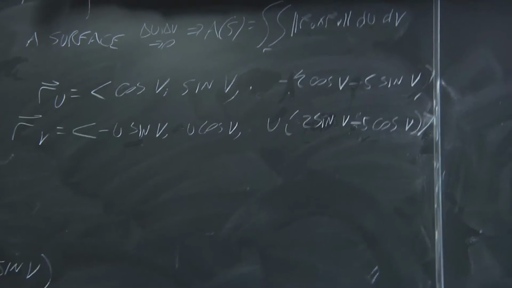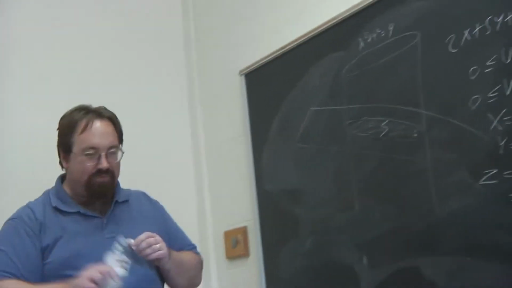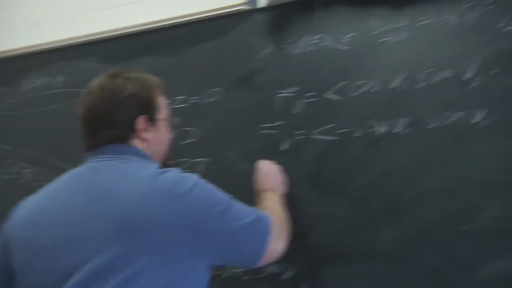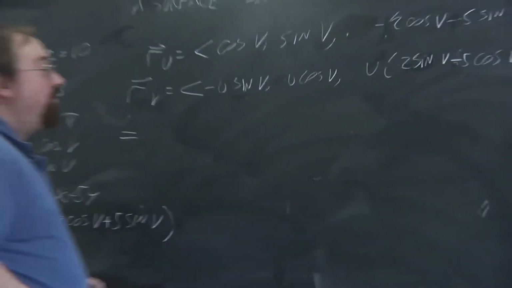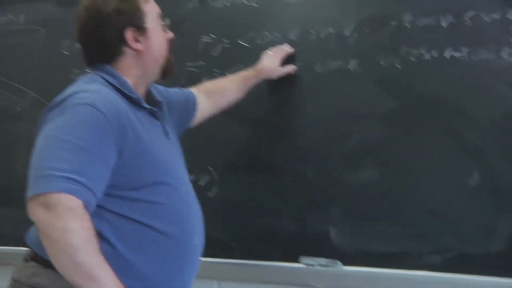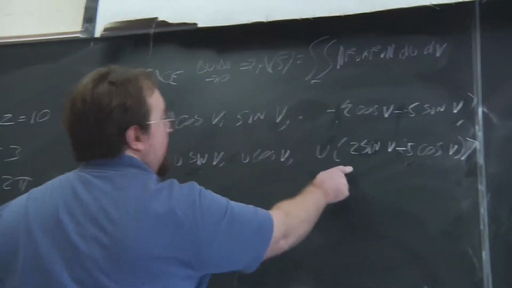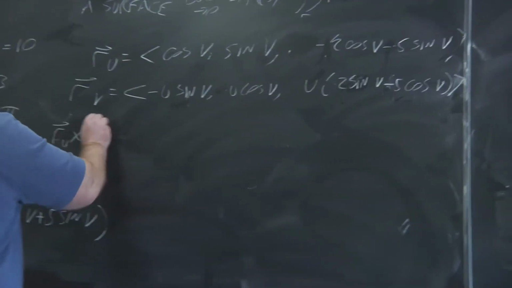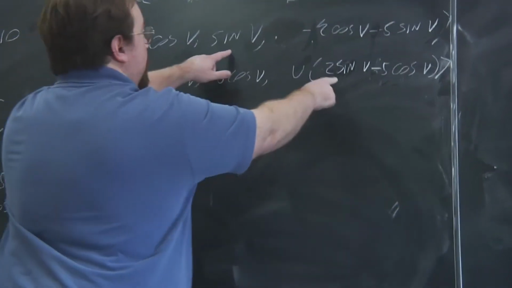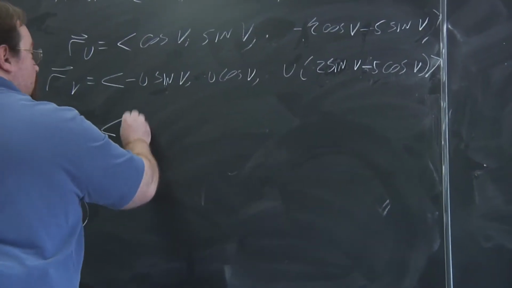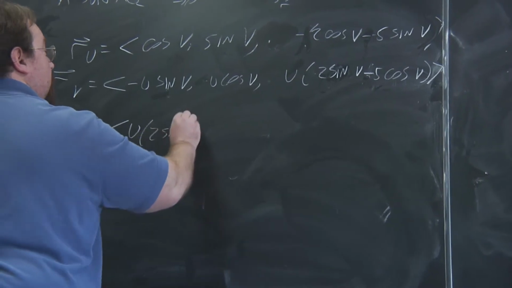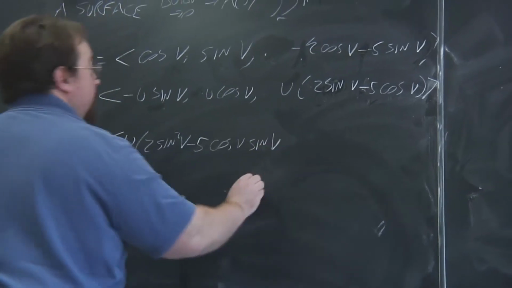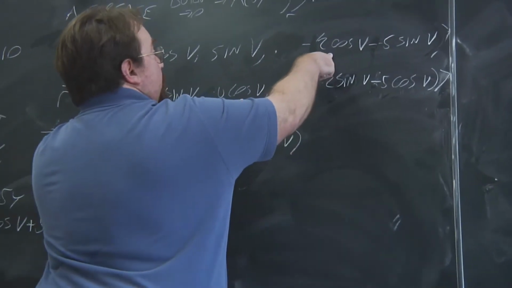Now, the cross product of that. It does look a little ugly at first glance. So RU cross RV: the first component is u times 2 sine squared v minus 5 cosine v sine v, minus the product of these two.